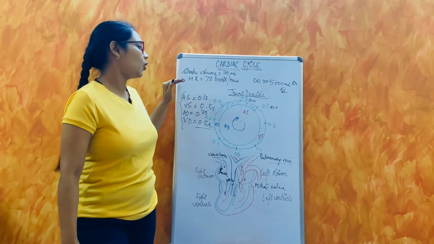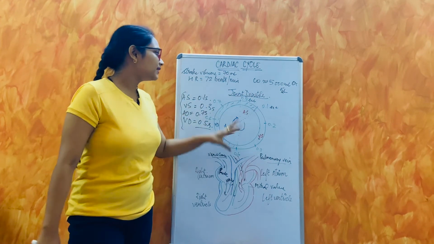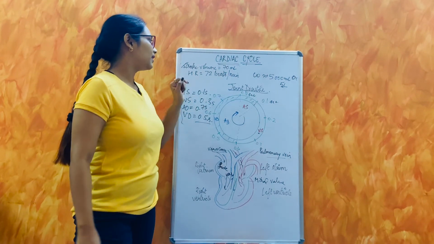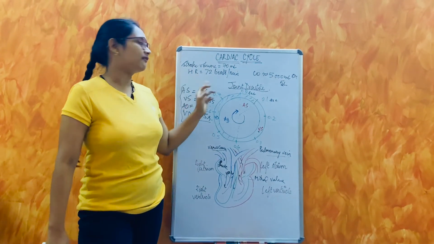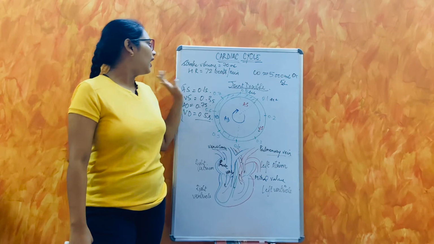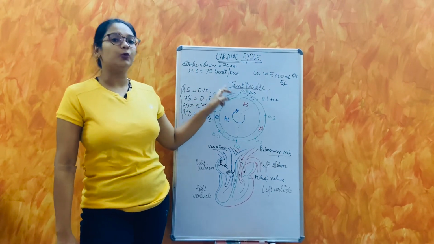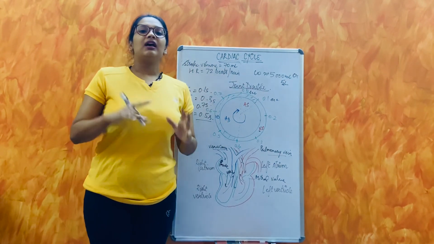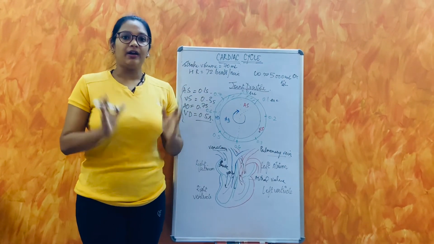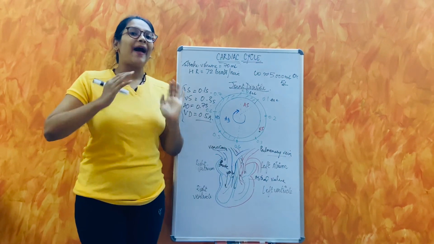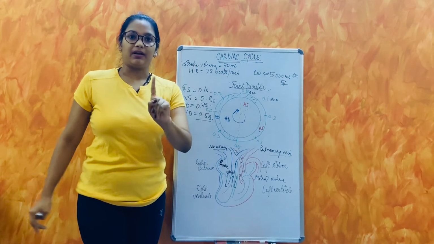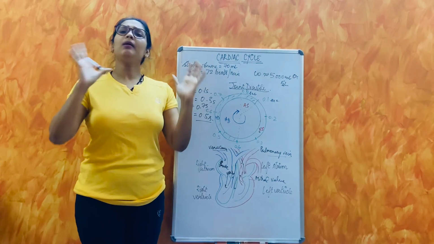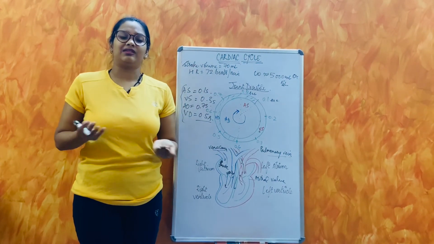Now, as we all know, the cardiac cycle, since it is about 0.8 seconds for one cycle, so in 1 minute the cycle completes about 72 times. So the heart rate is about 72 beats per minute. Now, cardiac output is the amount of blood which the heart manages to pump in 1 minute. That is basically nearly equivalent to the whole amount of blood which is present inside our body.